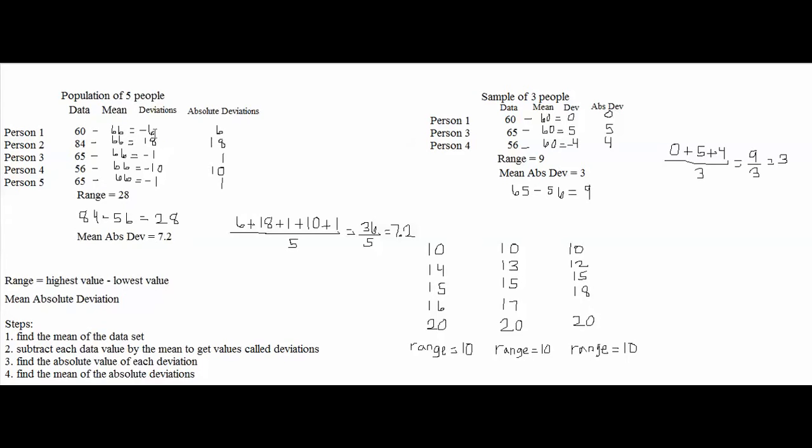The deviations always add up to 0, because the negative numbers and the positive numbers cancel out. So if you tried to add up these numbers on your own, you would see that they add up to 0. And if you tried to add up, let's see, these numbers should also add up to 0.